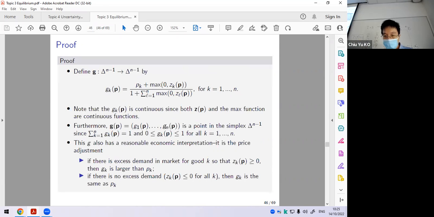Now what we're going to do is a magic step. This step comes from nowhere. Where does it come from? It's trial and error. I don't know whether you learned solving differential equations.